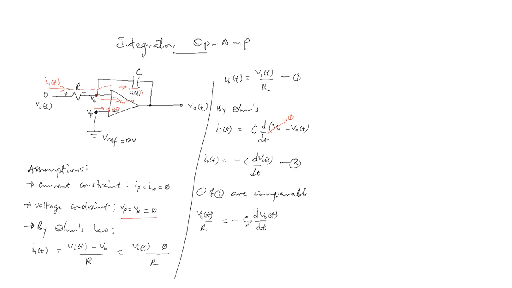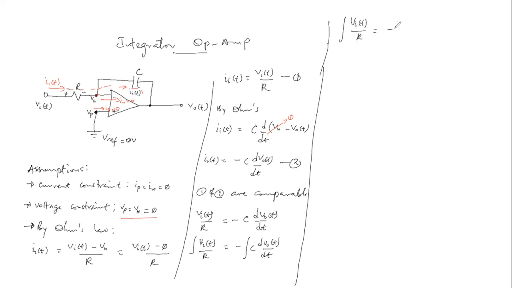And if we integrate both sides, that will give us integral of V sub I of t over R will be the same as negative integral of C dV naught of t dt. So let's extract this through. So this is going to give us integral of V sub I of t over R with negative C integral of dV naught of t dt.